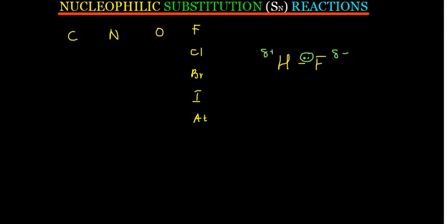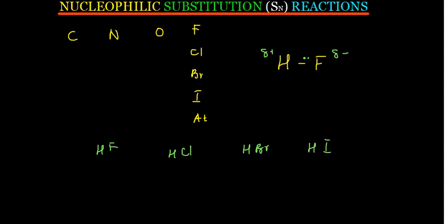So when these elements are forming acids, of course when these elements react with a hydrogen, which we refer to as a proton, that is a characteristic of an acid. And so we are going to have acids like hydrogen fluoride, hydrochloric acid, hydrogen bromide, hydrogen iodide.